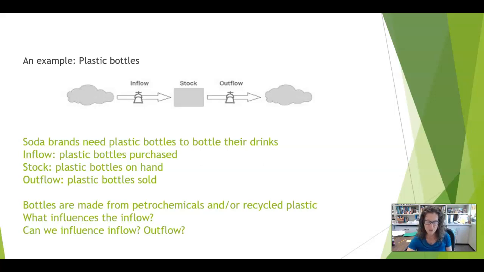In fact, they only use about 30% of the recycled plastic available, and they're competing with other industries in clothing, carpets, cosmetics packaging, and auto components, which all use recycled plastic. 70% of the recycled plastic goes to those industries. And so we understand some of the complex global forces at play that influence our inflows.